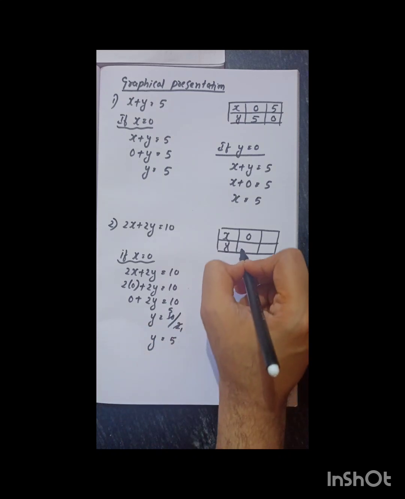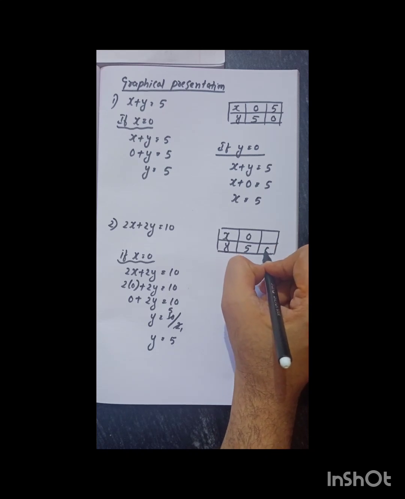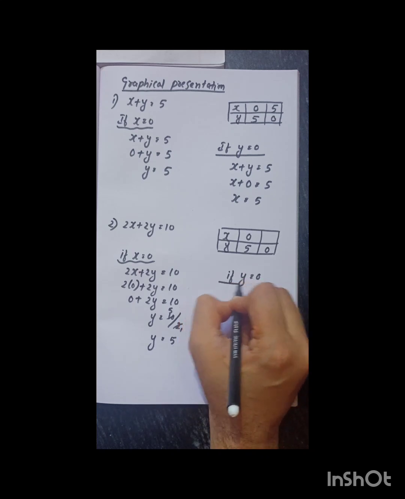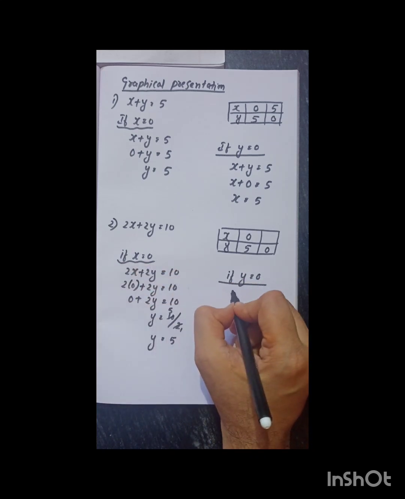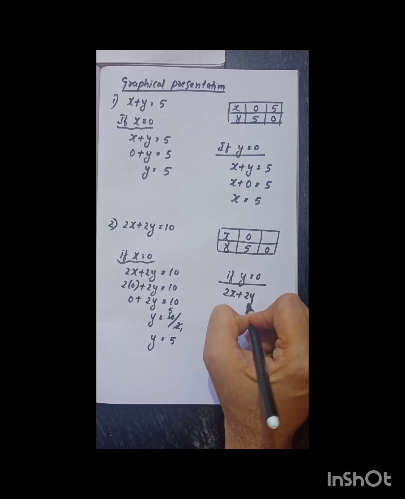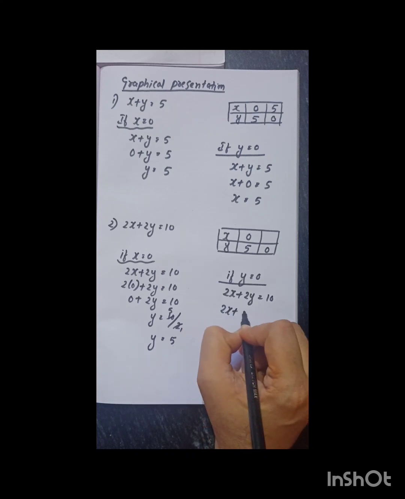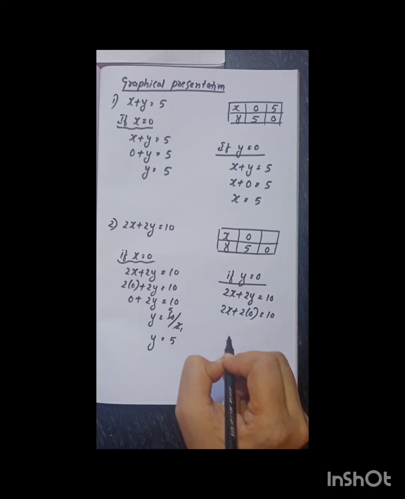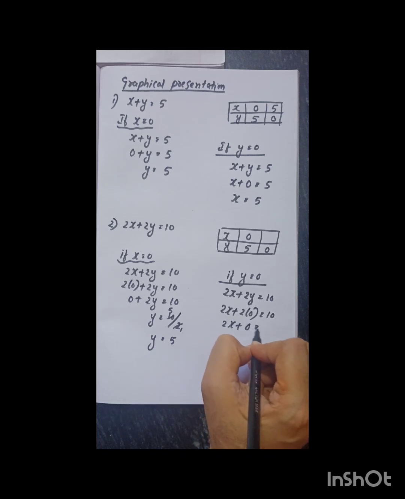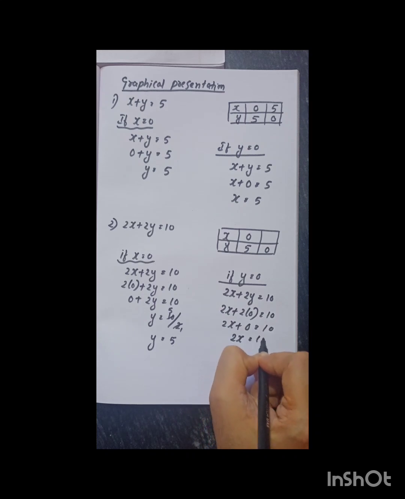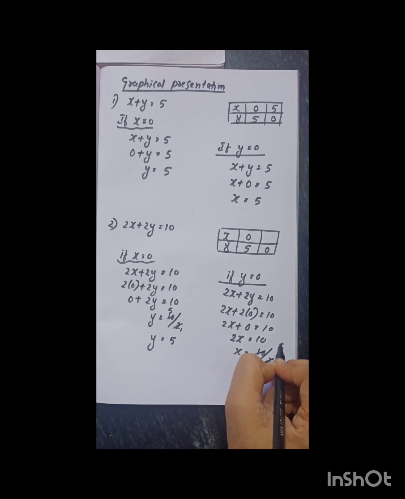So y equals 5. In the same way, put 0 to y now. 2 zeros are 0, so 2x equals 10, that is x equals 10 by 2. 2 ones are 2, 2 fives are 10, so x equals 5.